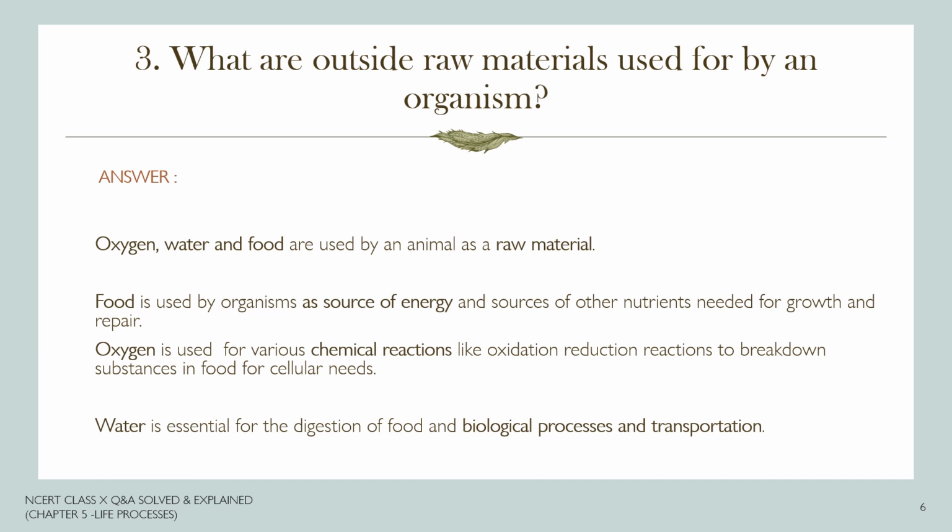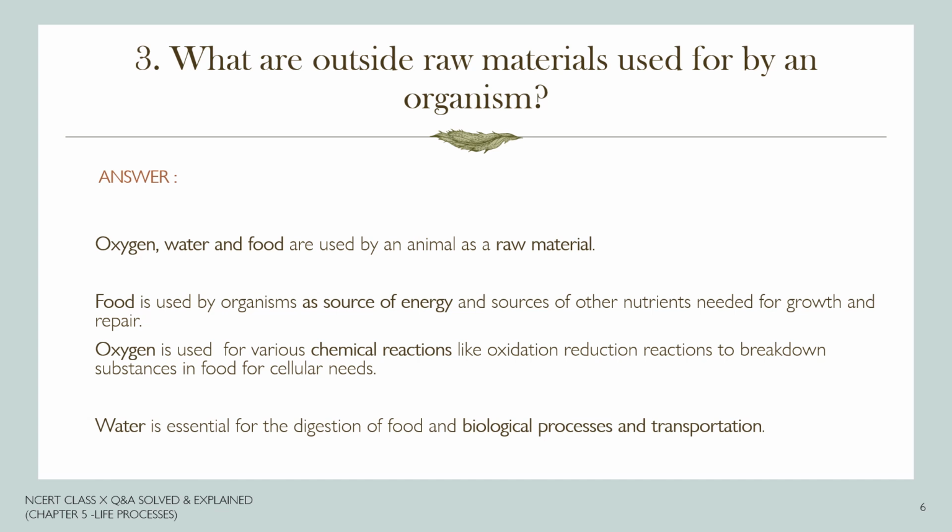Oxygen we take in because there are a lot of chemical reactions which happen within the body, which are used for various cellular needs for getting energy. And then water is important because it helps in transportation within the body. It also helps in digestion, and there are a lot of other biological reactions which happen within the body where water is required.